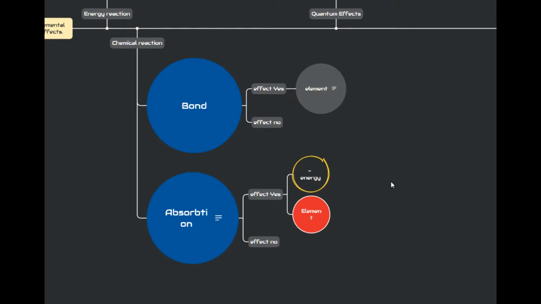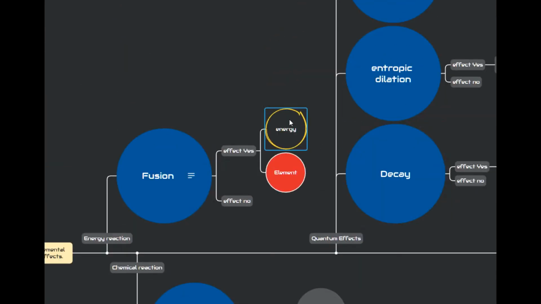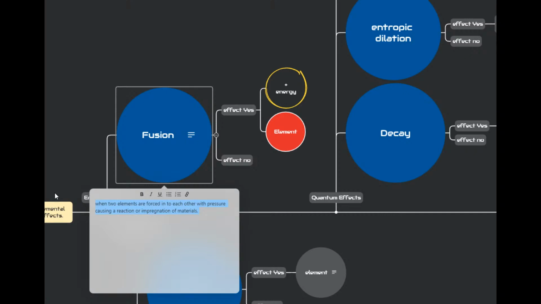So that's an absorption, and this is a production, because fusion is pressure plus elements. So pressure plus element A and B in terms of how you do it. So fusion reaction, fusion, pressure.